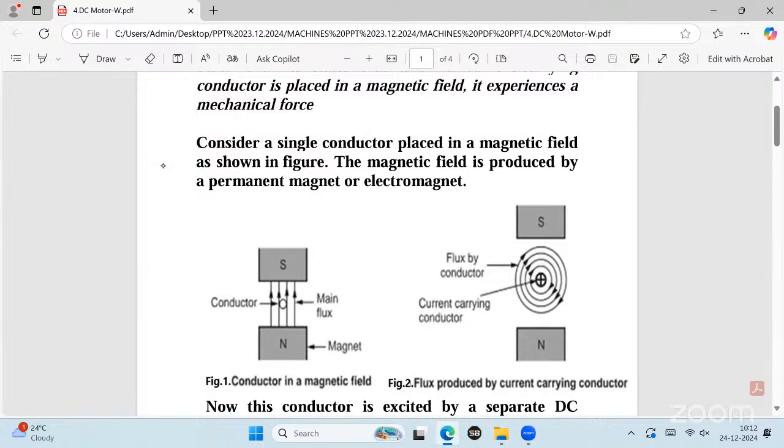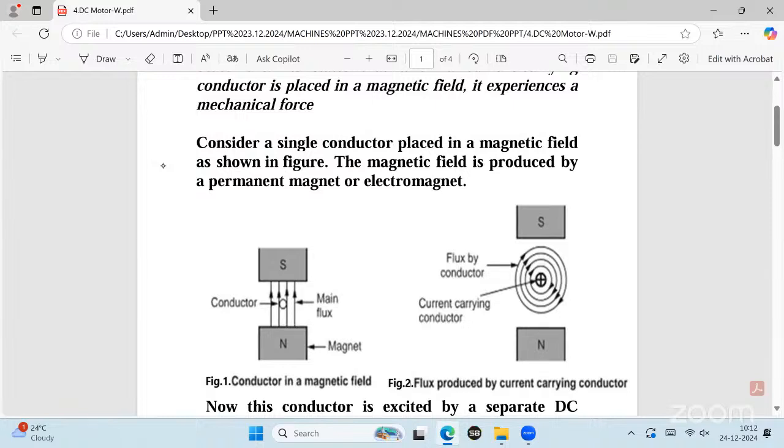I have not shown the winding on this one, only north pole to south pole. First condition is I need flux, magnetic field. That is called main flux. Which magnet have you taken?